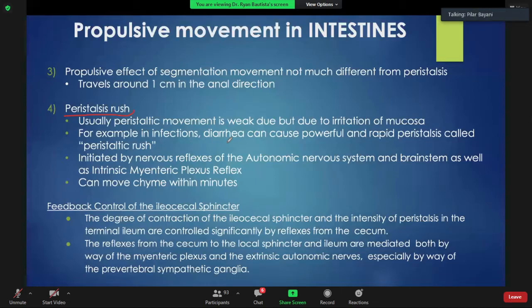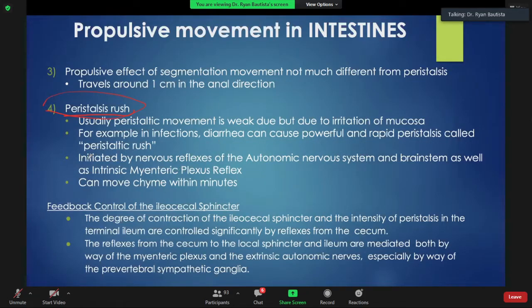Correct? What about allergies, Doc? Allergies, systemic or food allergies? Okay, those can cause what we call your peristaltic rush, or in layman's term, your diarrhea.